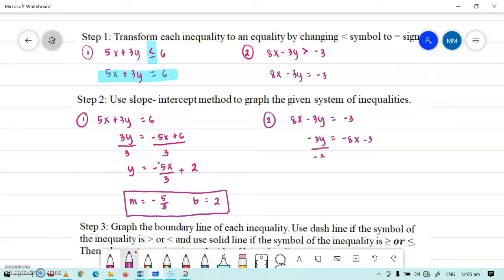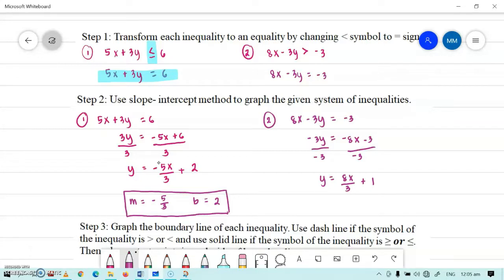Divide both sides by negative 3. Y is equal to positive 8x over 3 plus negative 3 divided by negative 3 is 1.